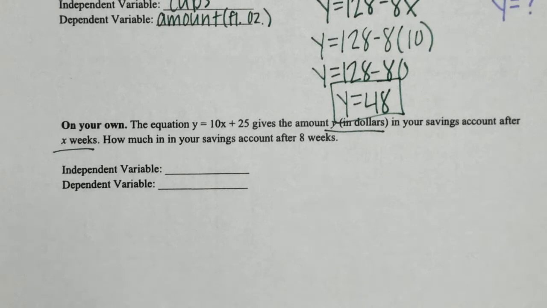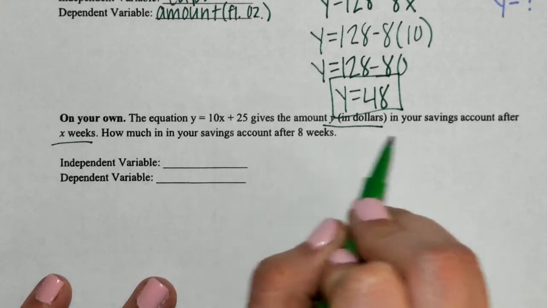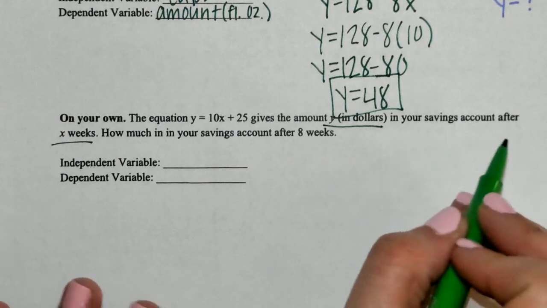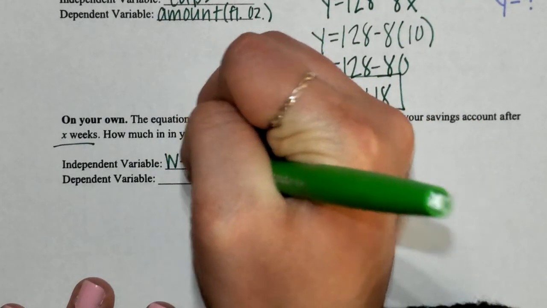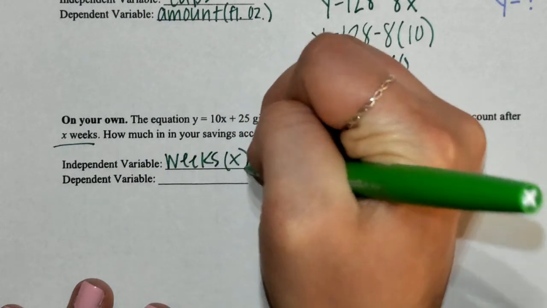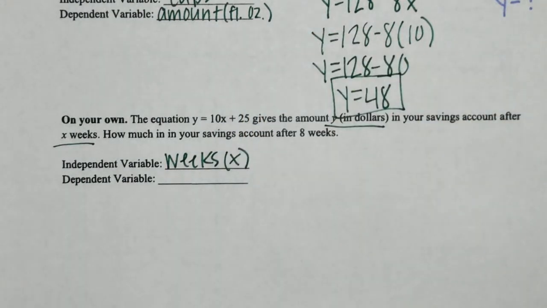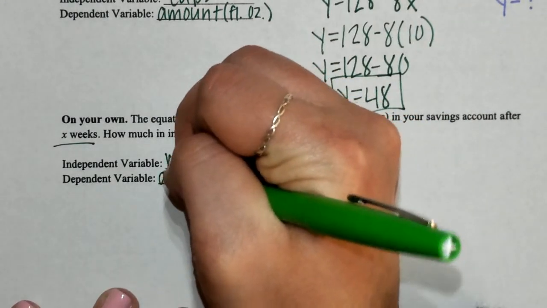No. Haley? Weeks. Okay, because it says gives the amount y in dollars in your savings account after x weeks. So the independent variable is weeks. So then, Mari, what's our dependent variable? Yes, amount in dollars.